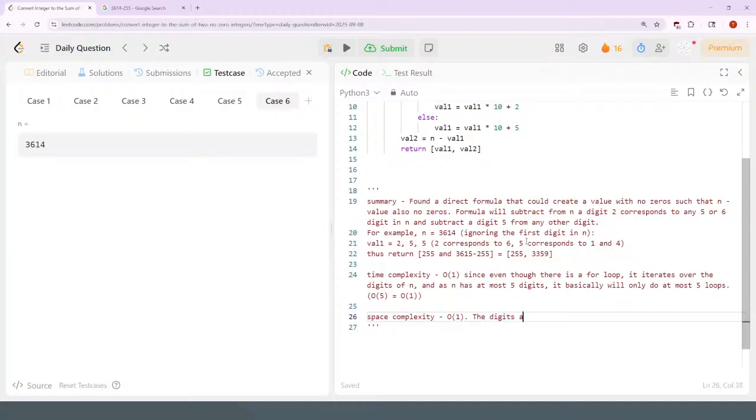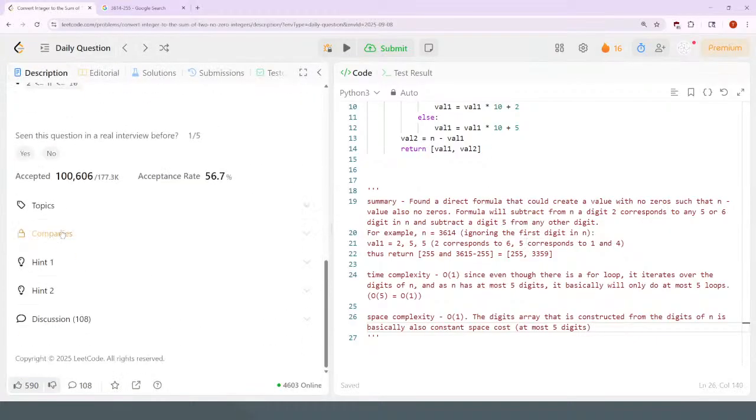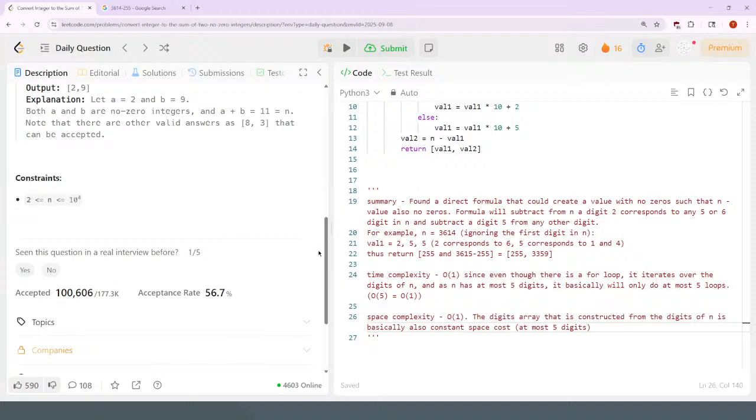The digits array that is constructed from the digits of n is also a constant space cost, at most 5 digits. That's based on n being 2 to 10 to the 4th. Alright.